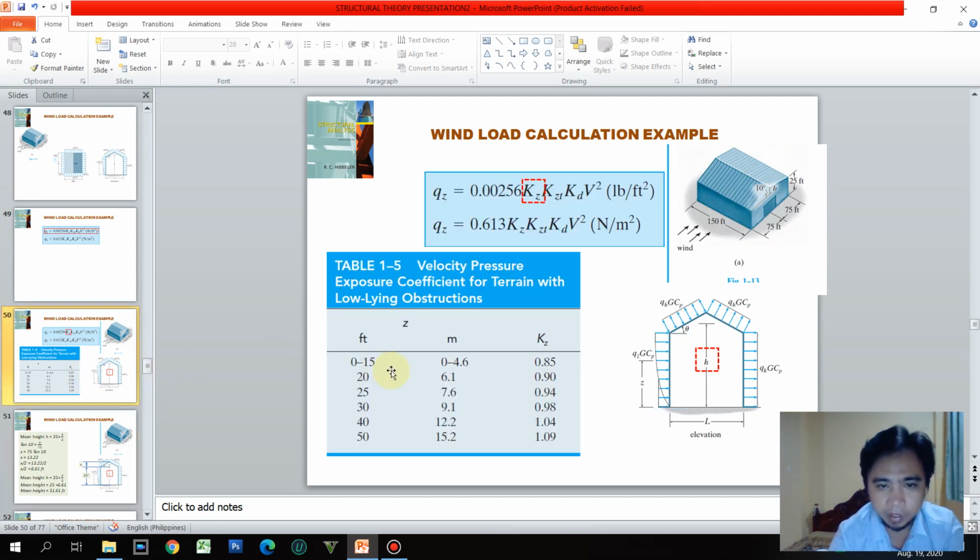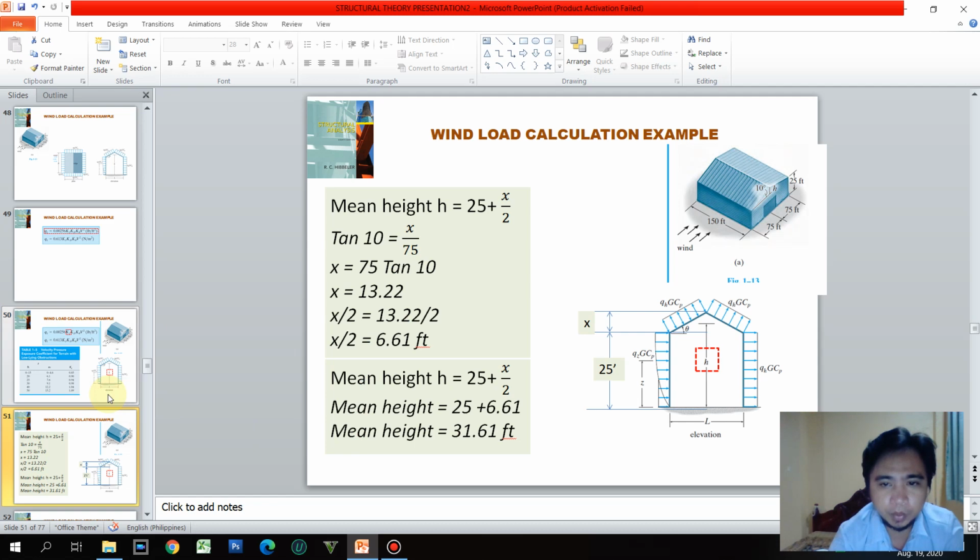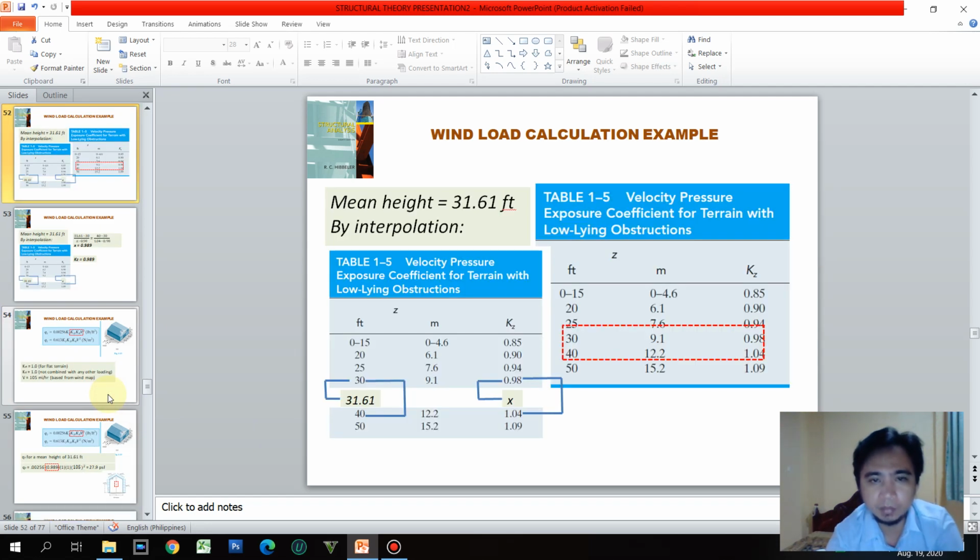So why did we get that mean height? Again, we need it on the table, but in the table you cannot find 31, right? It is in between 30 and 40. So we will derive the Kz by interpolation. The step is we're going to pick the boundaries: the lower limit of 31, the nearest to 31 is 30, of course, and the upper limit, the nearest, is 40.